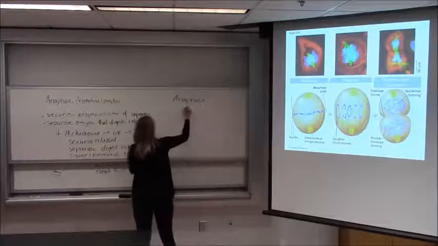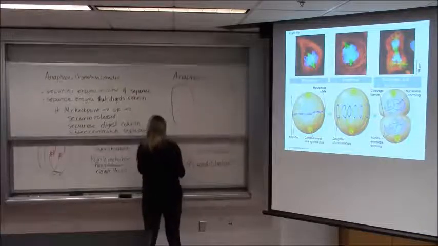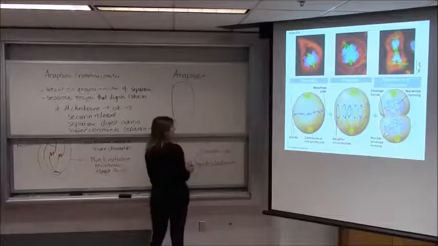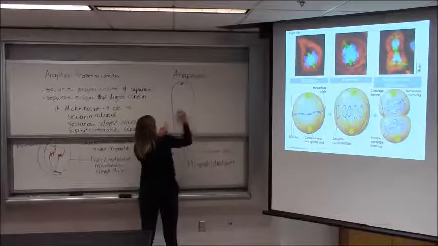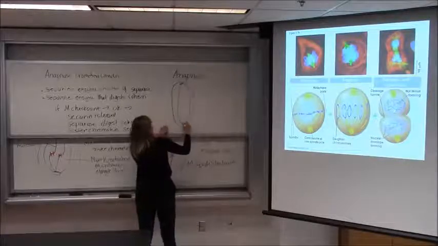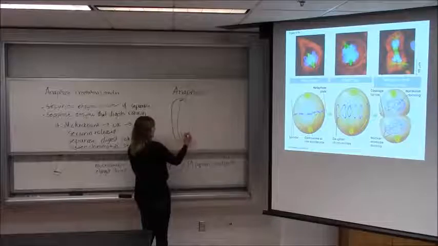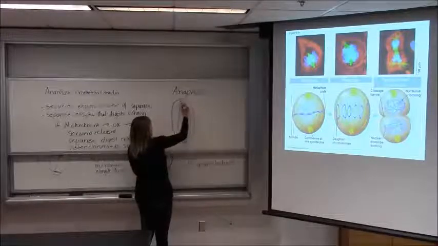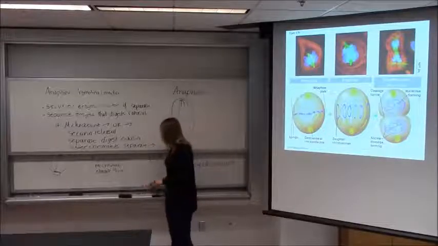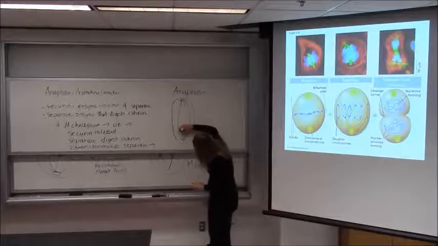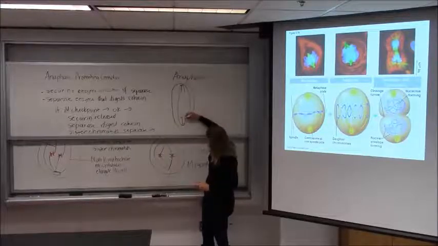In anaphase, the cell has been elongating due to those non-kinetochore microtubules elongating the cell. And now the kinetochore microtubules are going to start shortening and pulling those chromatids to opposite poles of the cell. So here we go. They were together, they pulled apart.